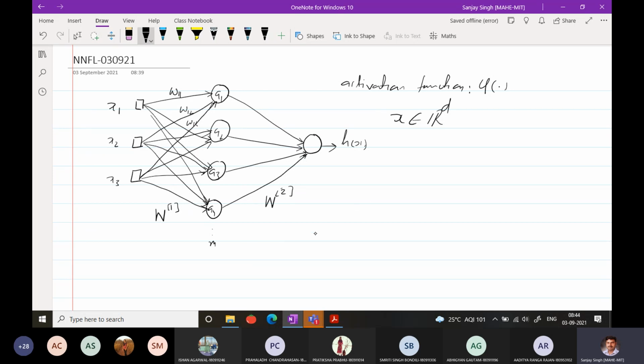In that case, if I want to write all these A's in general, can any of you tell me what A1 is? A1 is the outcome of this particular neuron. What should I write here?